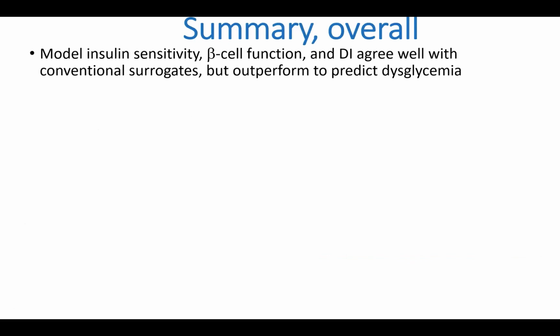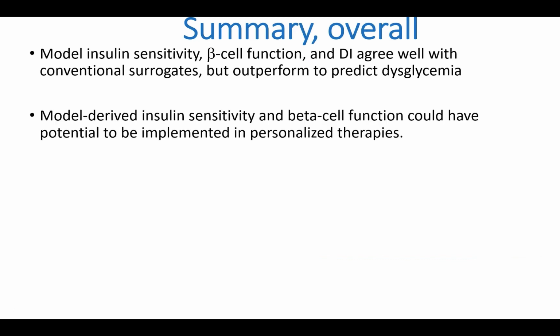So, summary overall: the model-derived insulin sensitivity, beta cell function, and DI agree well with conventional surrogates and outperform them to predict dysglycemia. And model-derived insulin sensitivity and beta cell function could have potential to be implemented in personalized therapy.